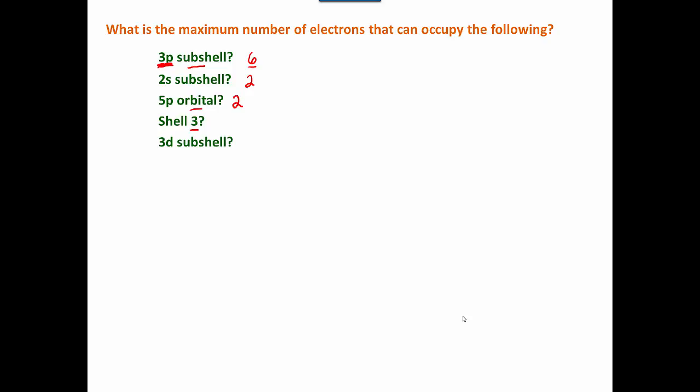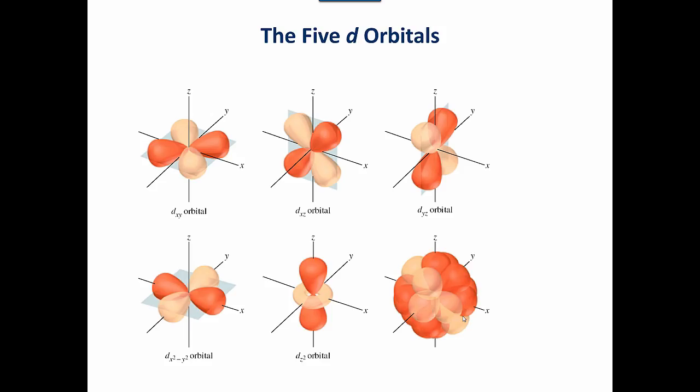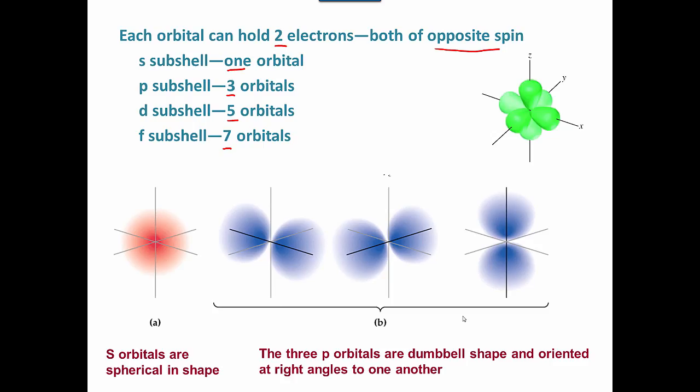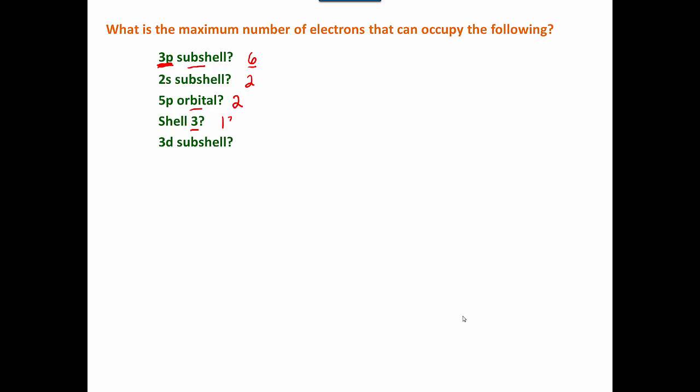Shell number 3 can hold a maximum of 18 electrons. Remember, we have s, p, and d subshells.